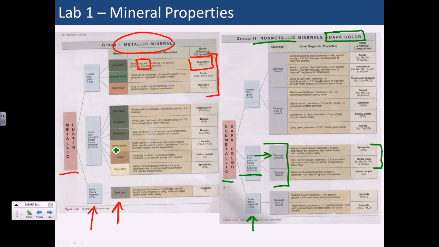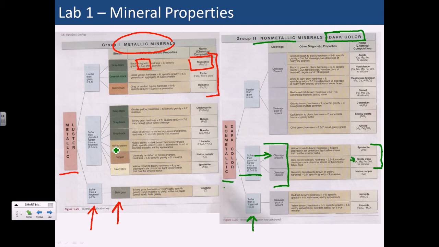So you don't even really need to be really awesome at identifying cleavage, mostly just noting that it's there, okay, rather than identifying all of the directions and their angular relationships. So now we have a mineral that's dark black to brown.